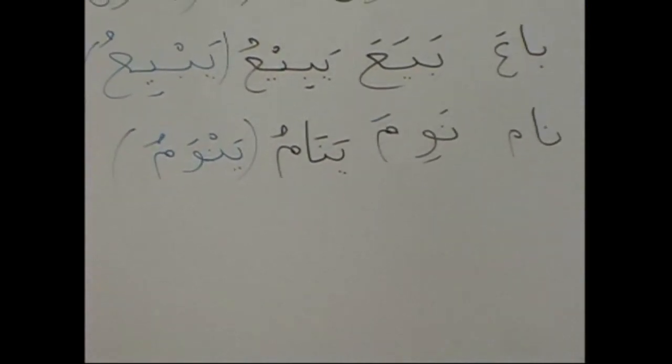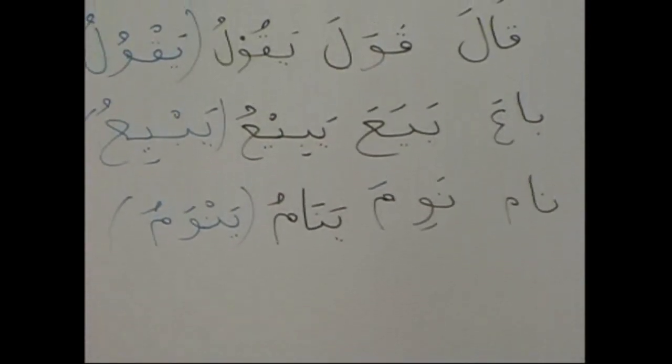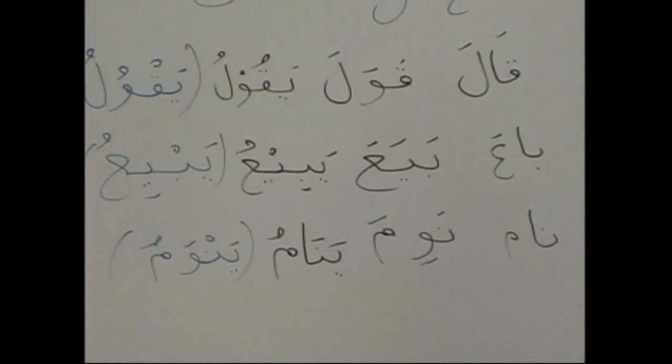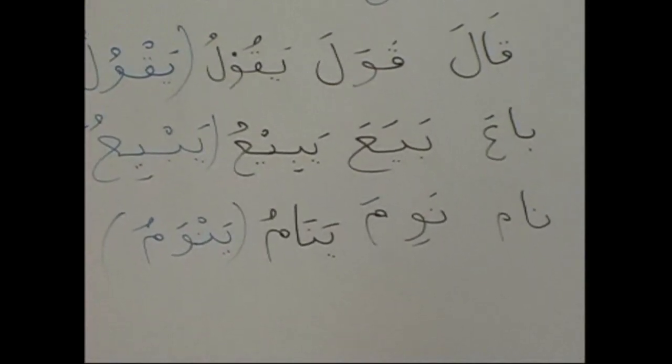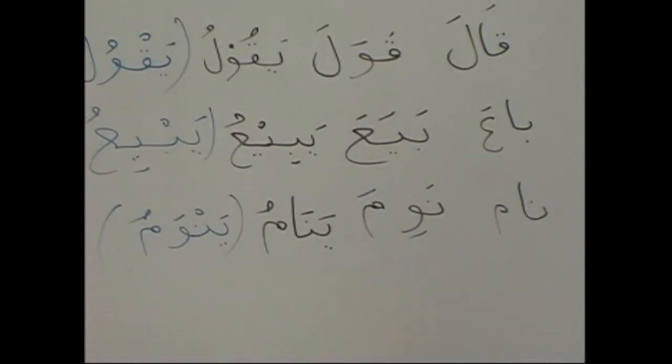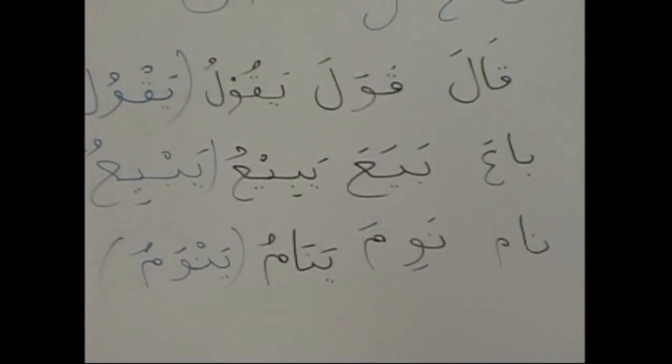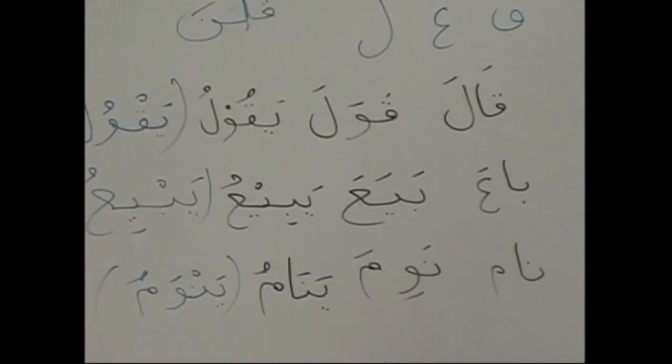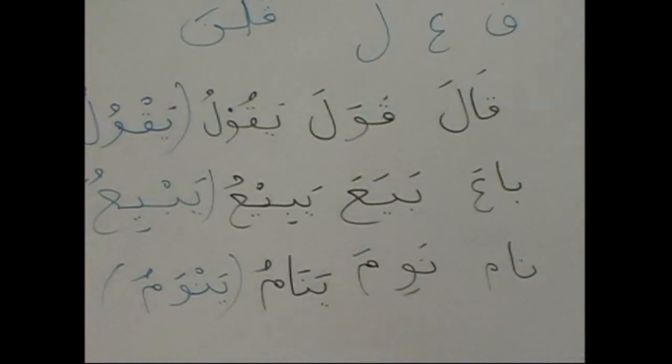So now I can say ba'a, the root is bayya'a. Qala, the root is kawala. Ba'a, the root is bayya'a. And that is bab daraba. Daraba, yadribu. Bayya'a, yabyi'u, change into yabi'u.